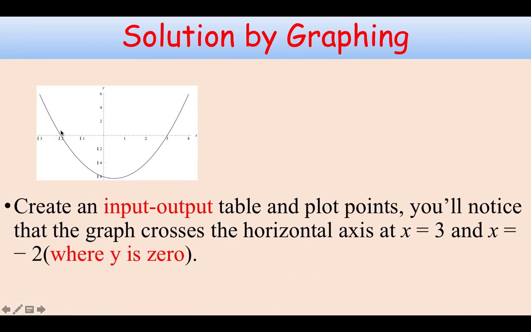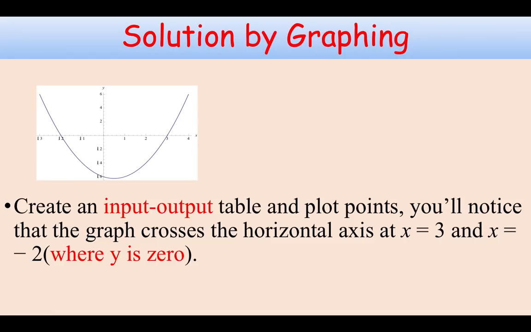You could also find the zeros by graphing. If you use a graphing calculator or Desmos, you can visually see where the parabola intersects the x-axis. As you can see, it's at x equals 3 and at x equals negative 2.